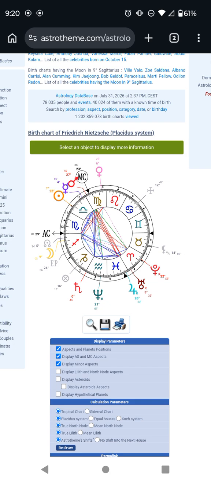I don't remember if it's detriment or fall, but it's one of the signs where the sun has the most complications. So keep in mind that this is a sign of balance, and this sign is either under an affliction because of the sun's position in it, or it's causing the affliction to the sun, to the solar energy.